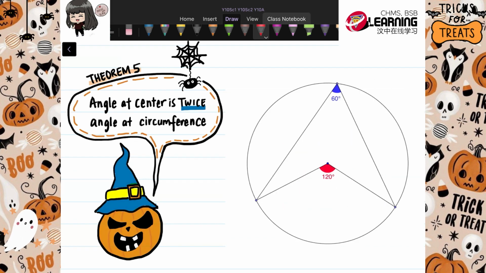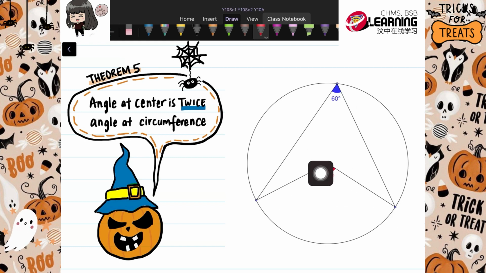Now look at this circle over here. This is the angle at the circumference. This is the angle at the center. The angle at the circumference means the point where it touches the circumference, and the point where it touches the center is called the angle at the center.